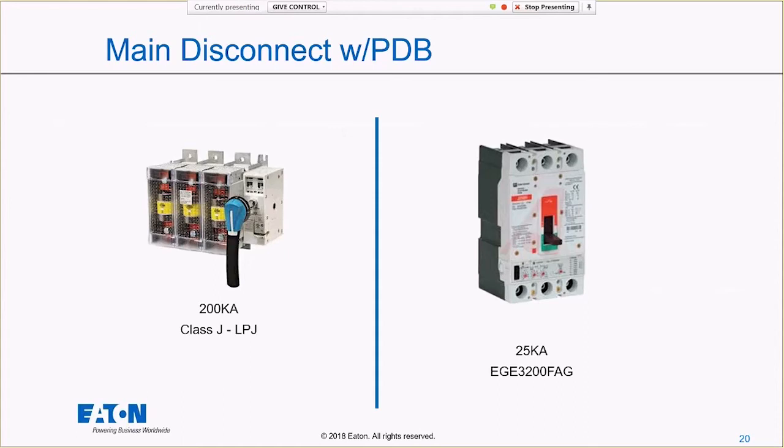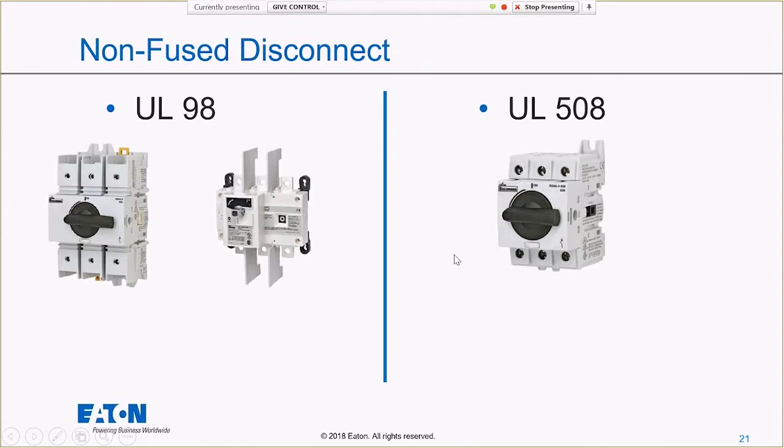So if you're using the power distribution fuse blocks, you can use a non-fuse disconnect as your main. A really cool thing about non-fuse disconnects, UL98 rated non-fuse disconnects I should clarify, is that they are the only component where you are permitted to use downstream fuses to increase the short circuit current rating.